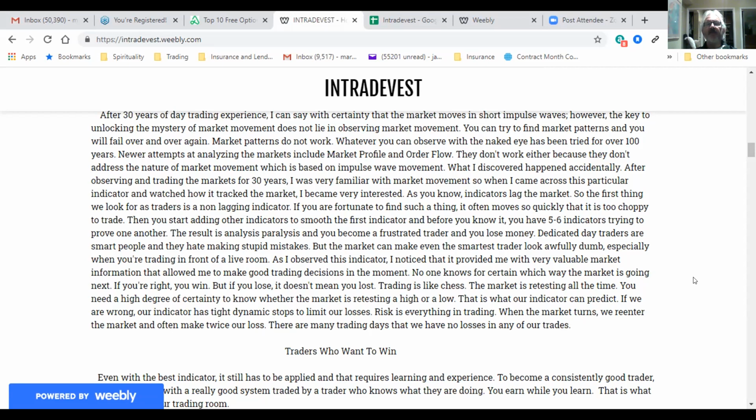So you really have to know what is bullish and what's bearish on that day. Where is the market bullish and where is it bearish? You cannot see that through market profile, order flow, or indicators. This is a very unusual observation that we have into the market that tells us when the market is neutral.